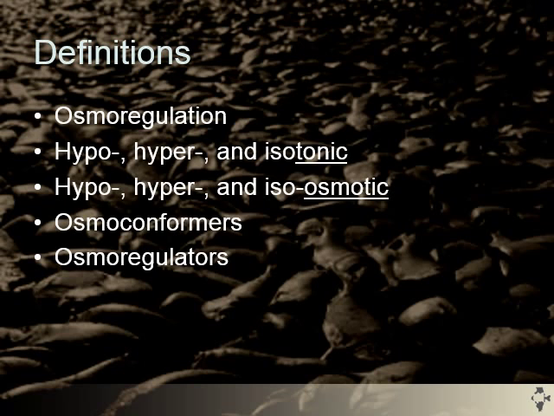Just to keep in mind, there are various tissues or organs that are involved in osmoregulatory processes. The kidney is the primary organ that's involved in osmoregulation for fish as well as for higher vertebrates. Gills are a secondary organ.